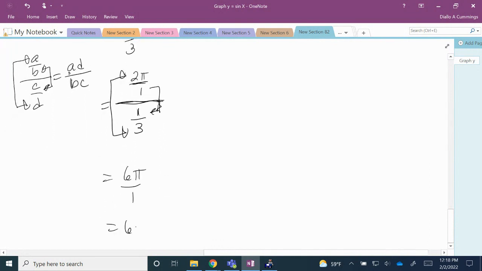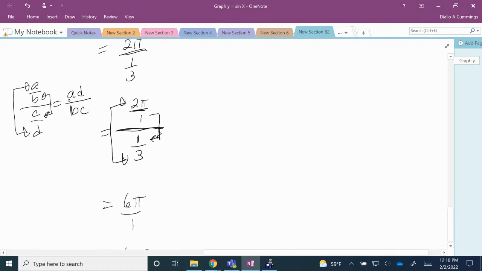So 6 pi over 1 is 6 pi, right? So it's going to take this function 6 pi radians to complete 1 revolution, 1 complete rotation, or 1 cycle. So 6 pi is the period.